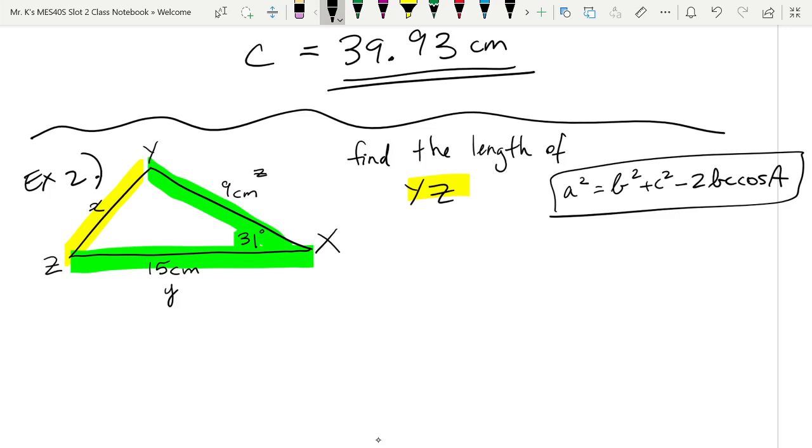Now, if I'm looking for YZ, which is again little x, what does this formula look like if x squared leads it instead of a squared? I'll give you a sec to try it. Again, if you're using a pencil, you can just erase it if you don't have it right. You've got to try. Don't just wait for me to give it to you. What do you think the formula is?